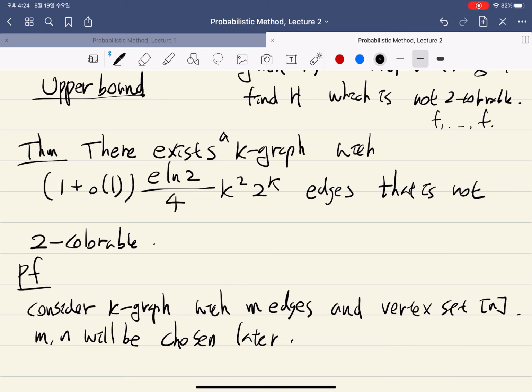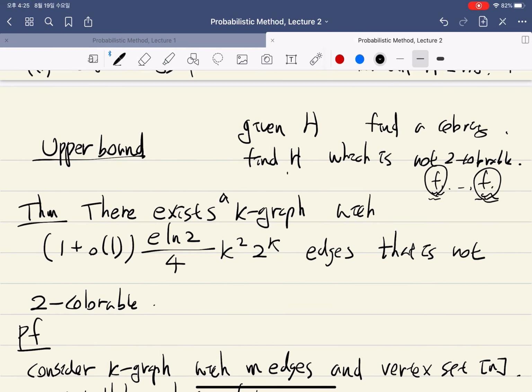That means it always gives some monochromatic edge. No matter how we color, it provides a monochromatic edge. Then it is not two-colorable. So what we will do is consider all possible colorings and then estimate the probability that for this graph, these colorings are all bad.